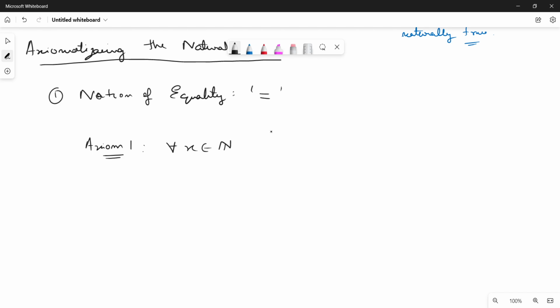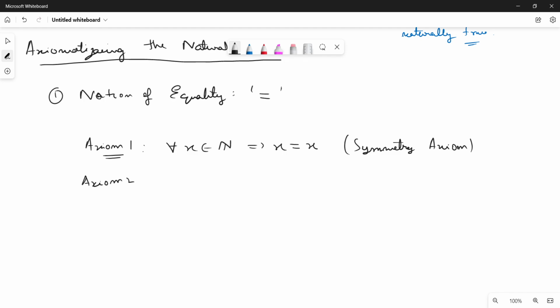So if the set of natural numbers exists, and x is a natural number, then x equals x. That is, every natural number is identical to itself, every natural number is equal to itself. This is also called the symmetry axiom.